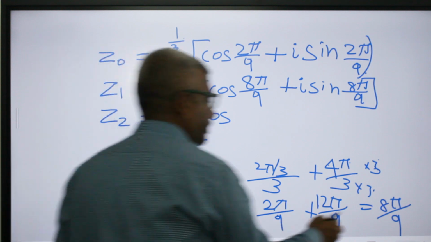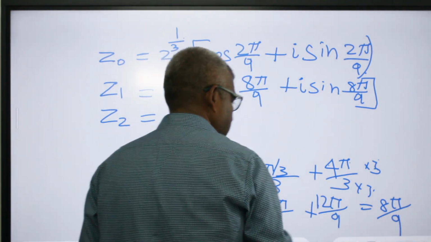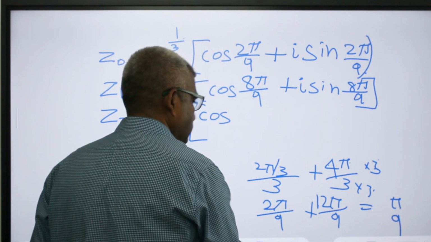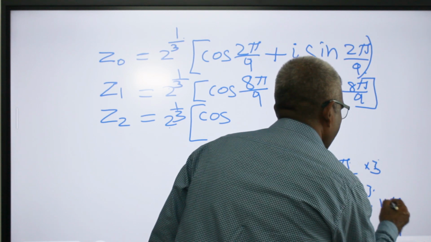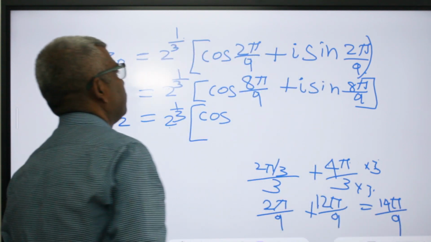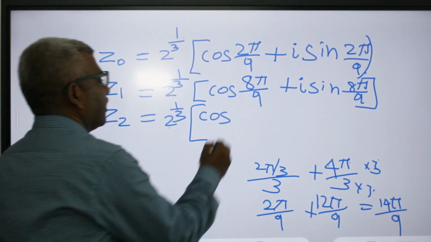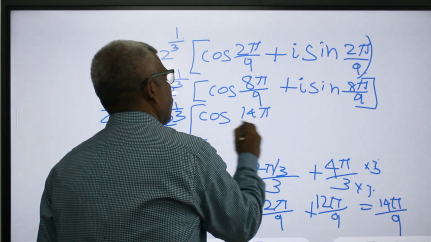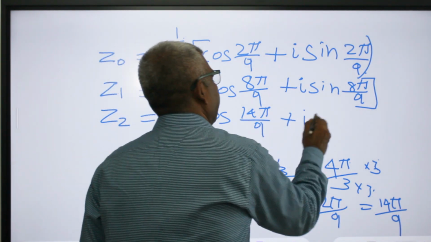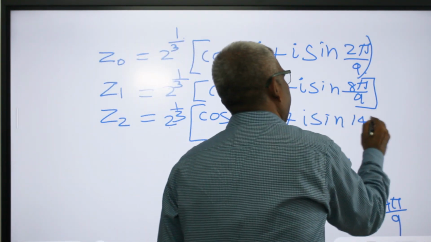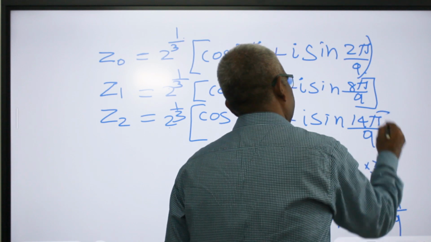So 2 pi over 9 plus 12 pi over 9, 14 pi over 9 will come. Cos 14 pi over 9 plus i sin 14 pi over 9.